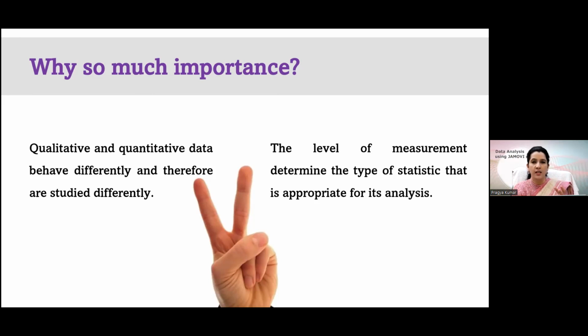Then my BP status is my dependent variable, and the independent variables will be the drug, or my family history, or my physical activity level. Those will be independent variables because they are having an impact on my blood pressure. So that's the difference between the dependent and independent variable.